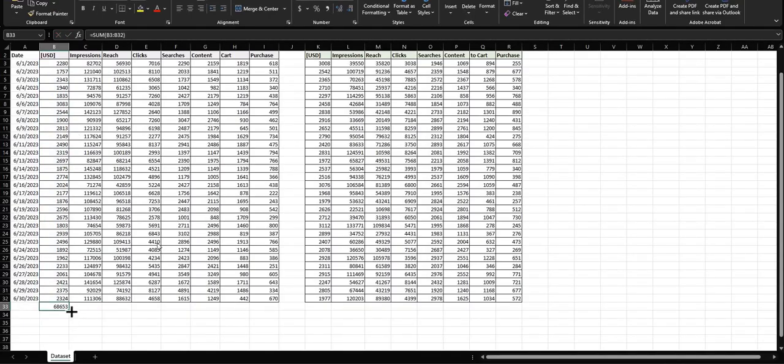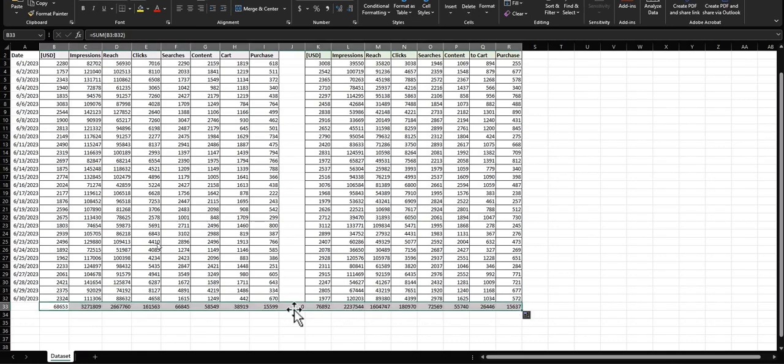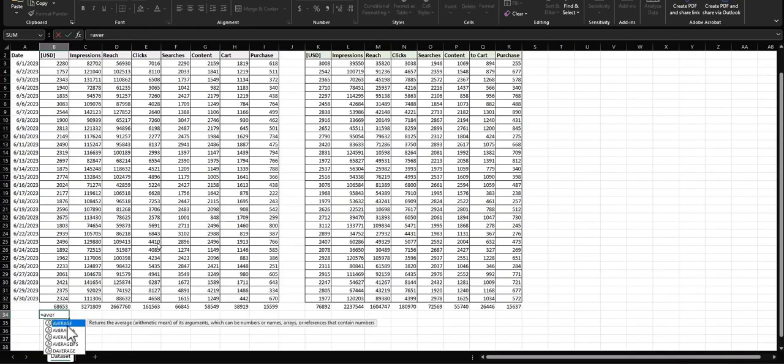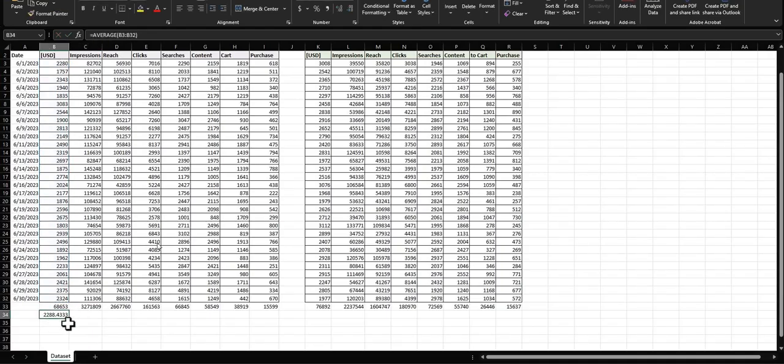I just want to get a quick sum of all of those. I may also pull the average. I may also need to put an equal sign. This gives me a real quick idea of just what I'm looking at.